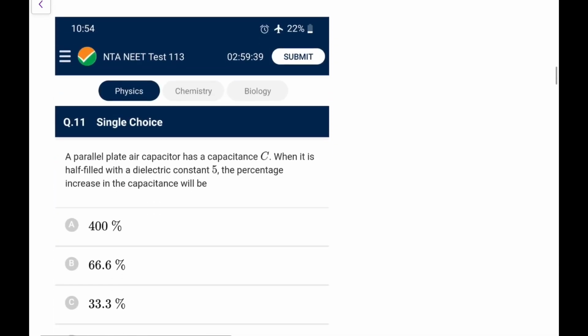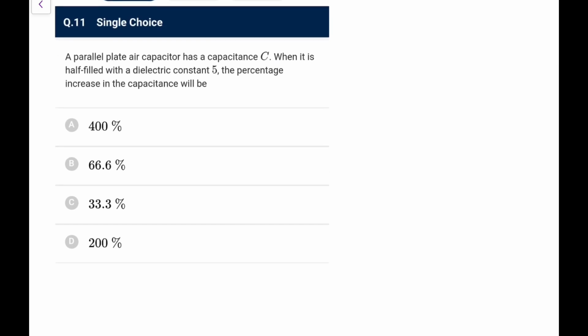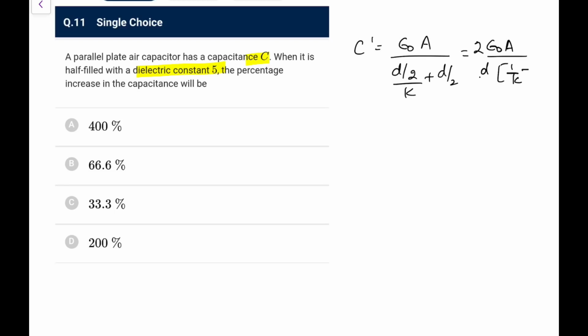Next one, a parallel plate air capacitor has a capacitance of C. When it is half filled with a dielectric of K equal to 5, the percentage increase in the capacitance is, when it is half filled, the new capacitance will become epsilon naught A upon D by 2 divided by K plus D by 2. So we can take D by 2 common, so 2 epsilon naught A by D, and it will become 1 by K plus 1.